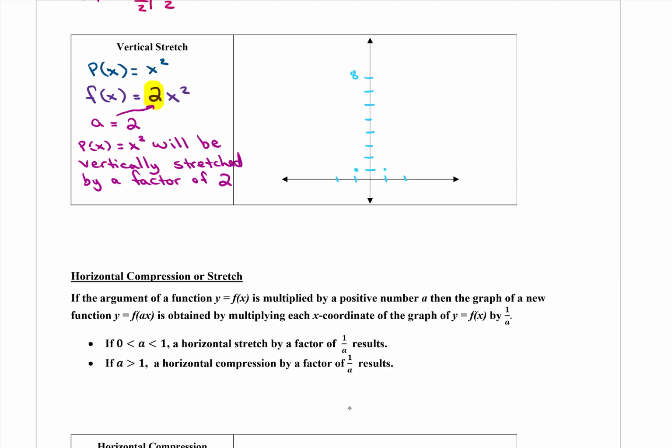Now first, I want to make sure I have enough little marks here to graph both of these. First I'm going to graph the parent function, so we can do a comparison of the two functions. There's our parent function.